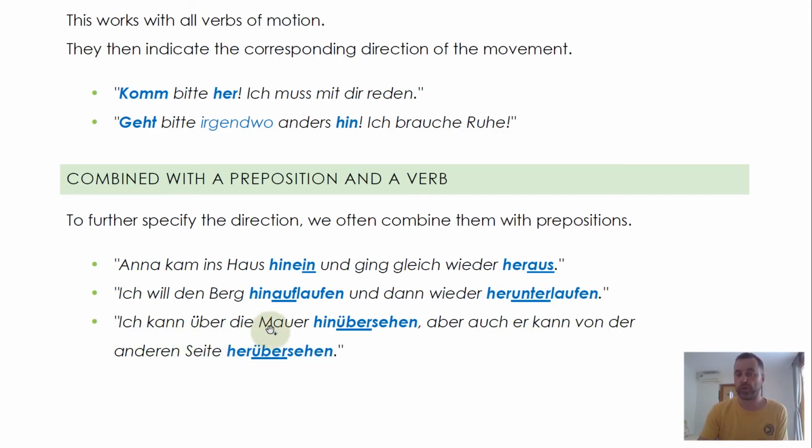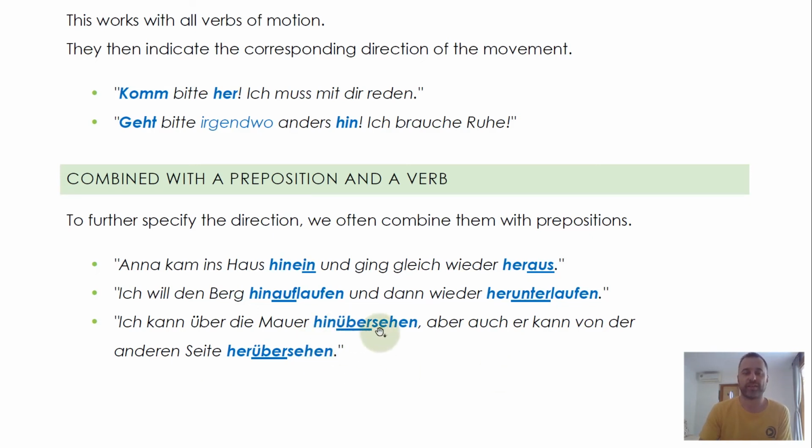Ich kann über die Mauer hinübersehen, aber auch er kann von der anderen Seite herübersehen. So I can look over the wall, but also he can, from the other side, look over the wall from there. So from the other side. In English, it's very redundant here.